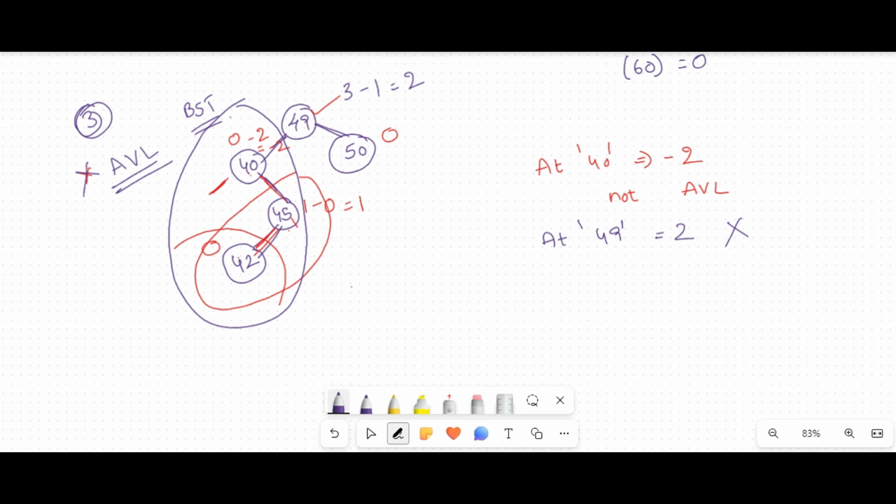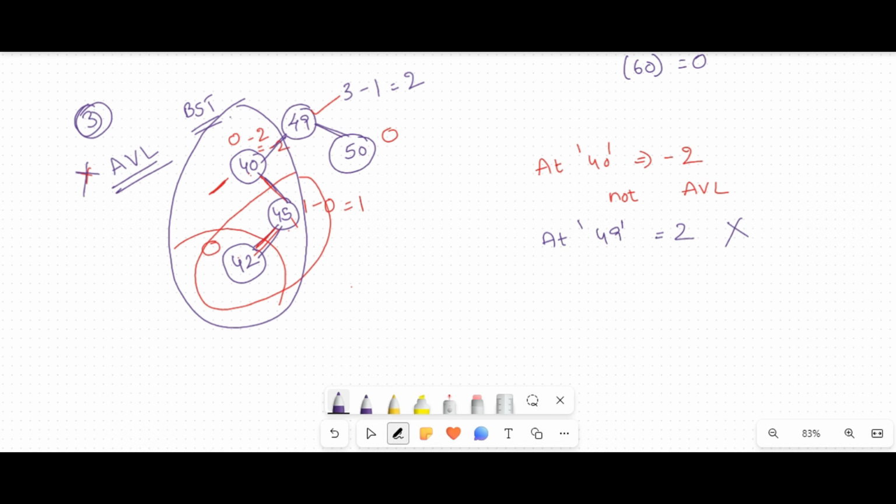So like that, you can find out whether the tree is balanced or the tree is an AVL tree or not. Okay, observe carefully what we have discussed. What is the need of balancing the binary search tree? Now, how can we know whether the tree is an AVL tree or not? These two things we have discussed.